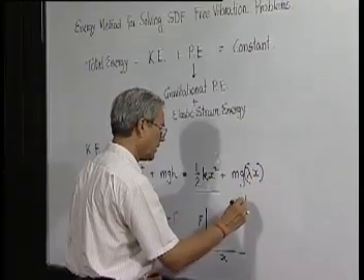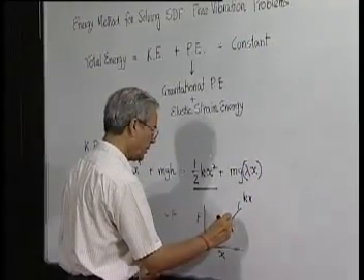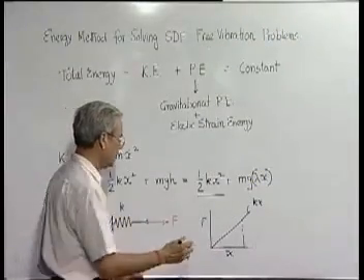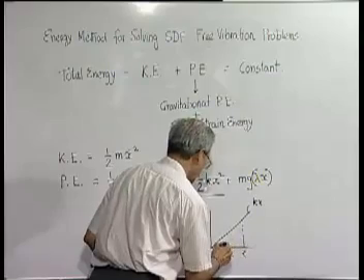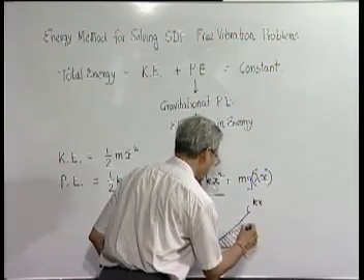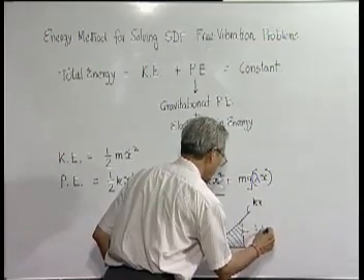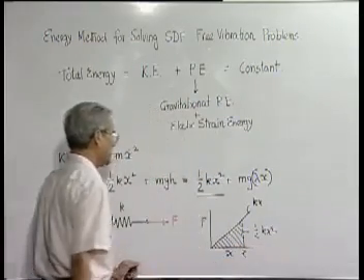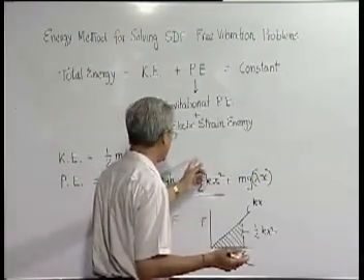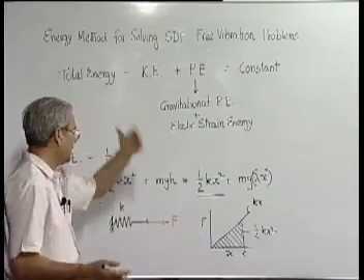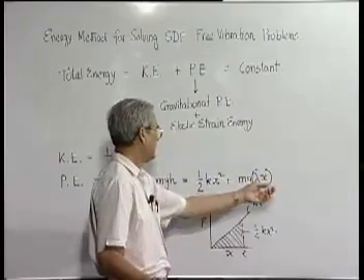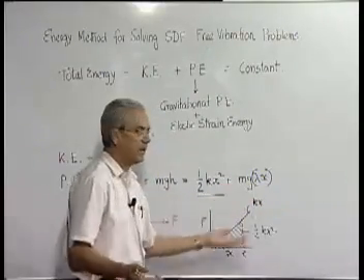So, if we displace the mass up to x from equilibrium position, then the work done is nothing but the area under this curve, which is half k x square. This is known to us. So, the spring element will contain this much of strain energy, which is a potential energy, and if the mass changes its level, then this being the change in level, this will be the gravitational potential energy.